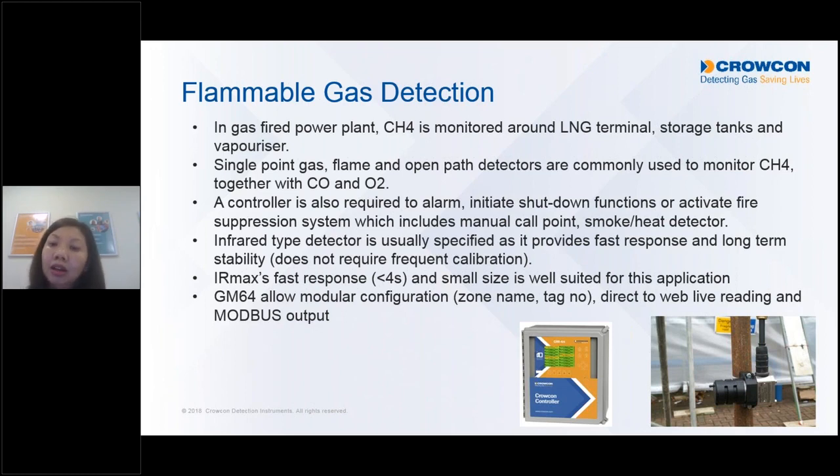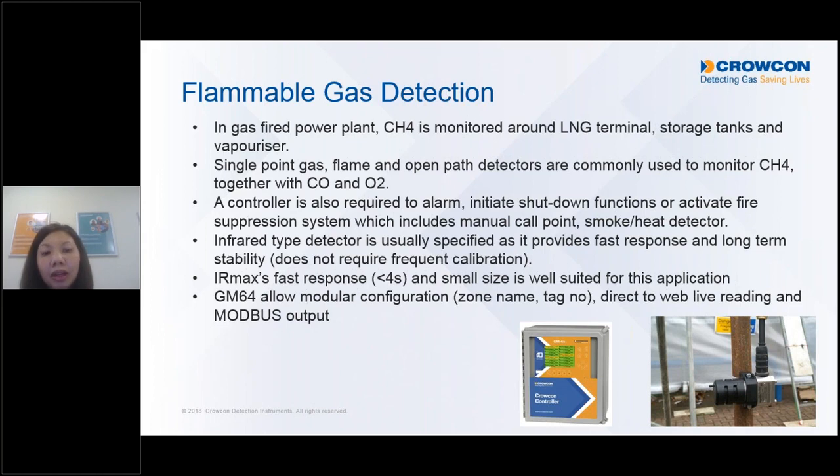To do that, you will have multiple sampling points, and you need a controller to tie in all the readings together to alarm, to initiate shutdown functions, or link to a fire suppression system. That includes manual call points, smoke and heat detectors.